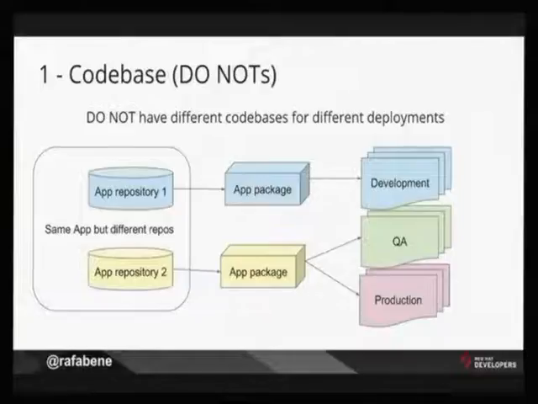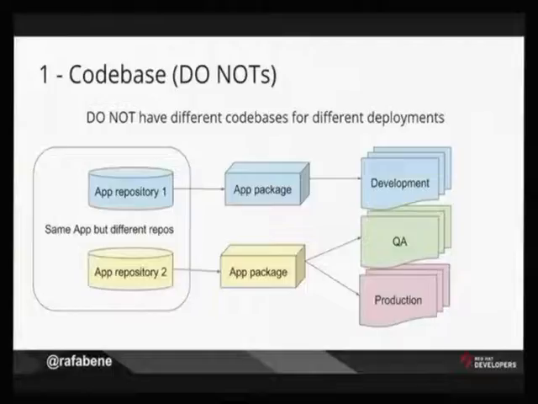That seems easy, but what we should know is what not to do. For example, some companies have their application hosted in a repo. Then it becomes one package that's deployed in development and in staging.